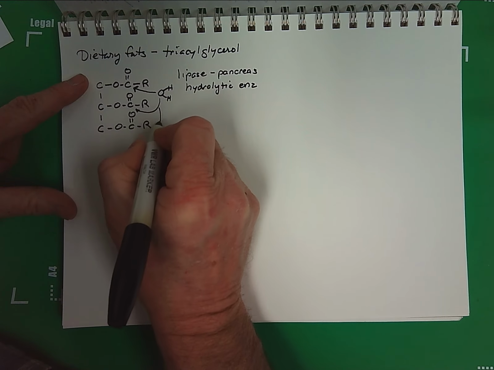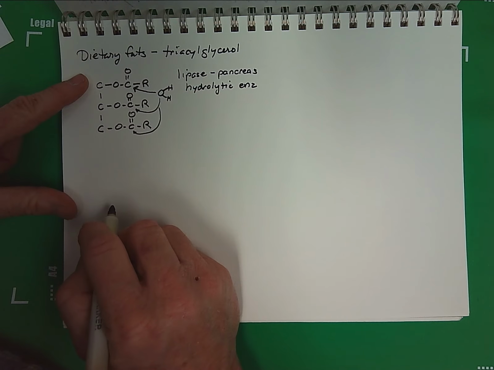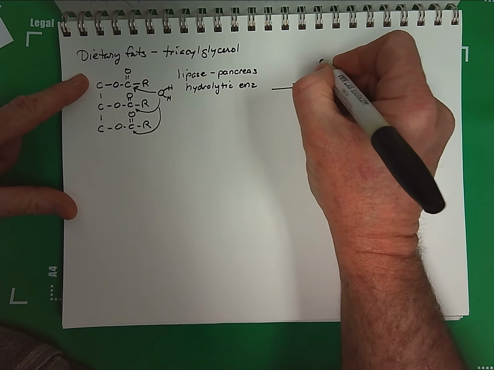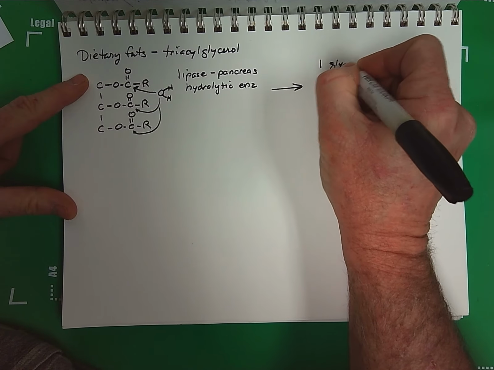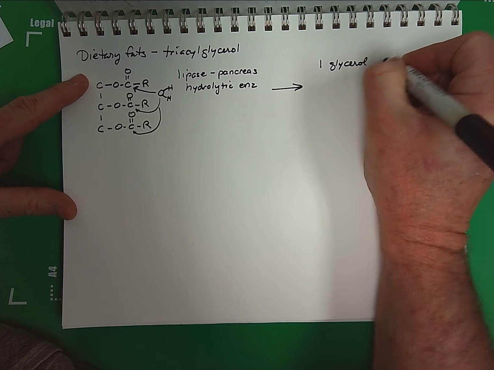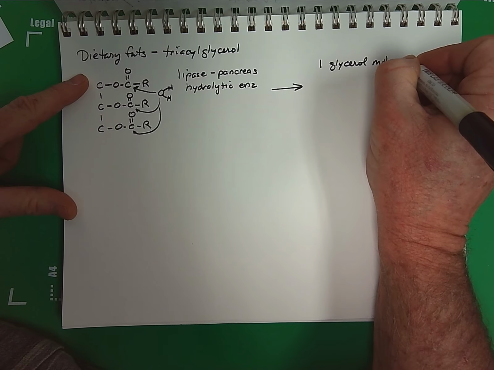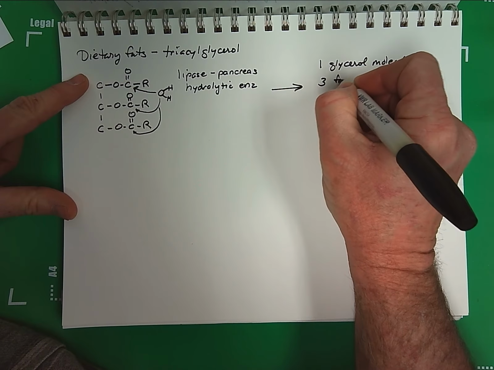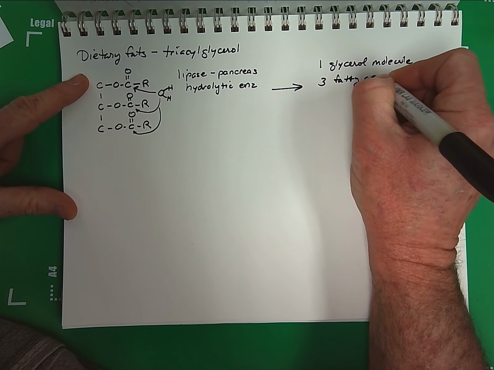It will do that 3 times. The end result is 1 glycerol molecule and 3 fatty acids.